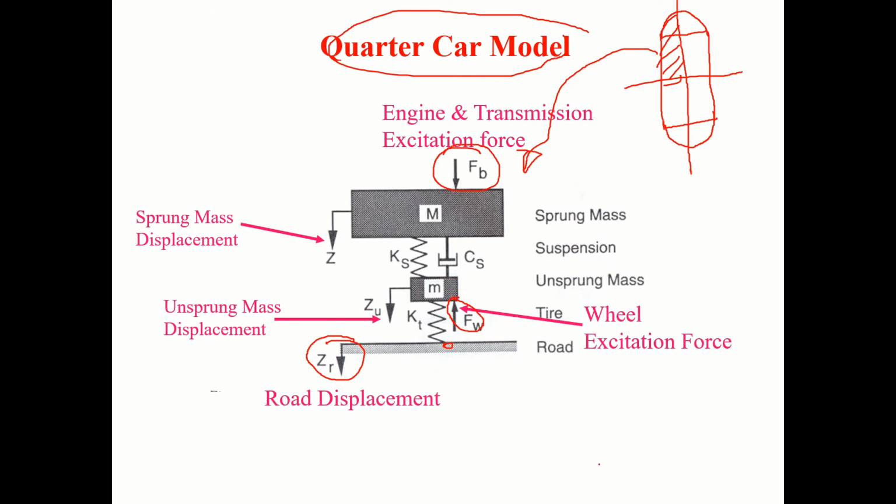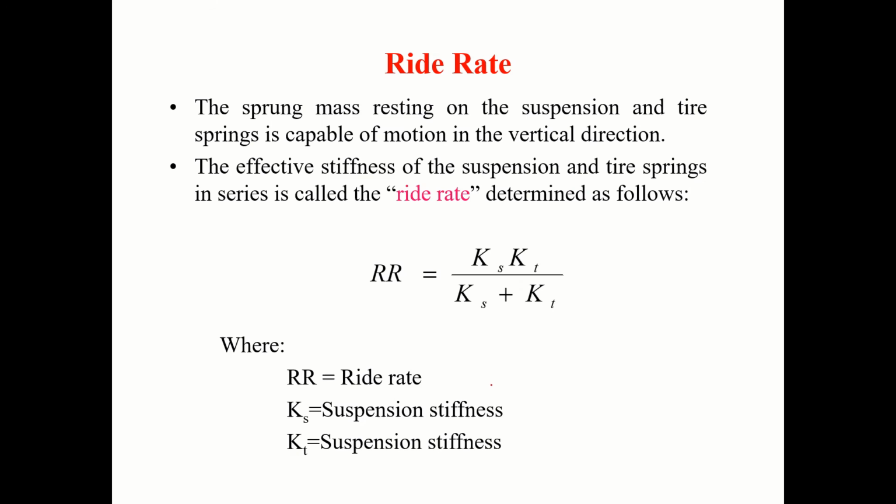Now the behavior of the vehicle we can study by writing down the differential equation. Z is the displacement of the sprung mass, ZU is the unsprung mass displacement, and ZR is the road displacement. We have to differentiate and then get acceleration there.